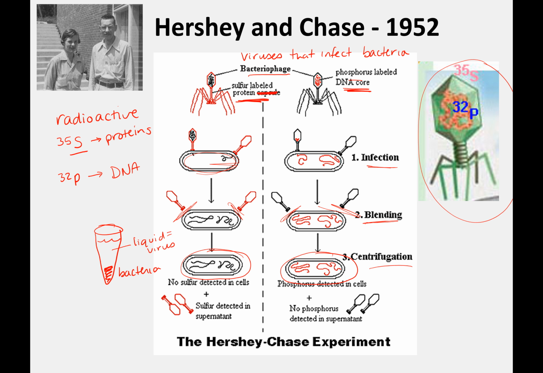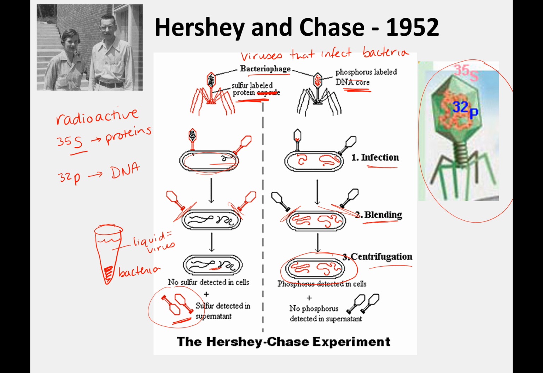And what's unique about bacteriophage is they actually inject their genetic material into the cell, and the capsid stays on the outside. So what they found is when they had radioactive protein, the infected cells were not radioactive. All the radioactivity was in the liquid. So that means the proteins were staying with the virus and they were not getting injected into the cell.